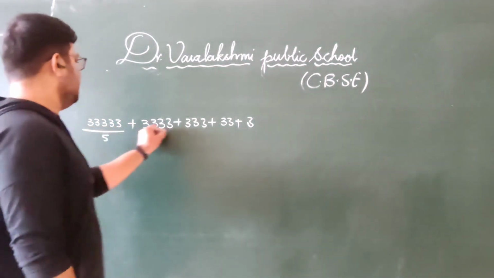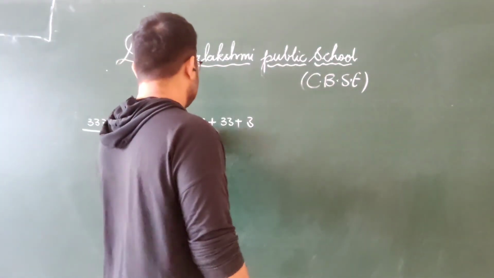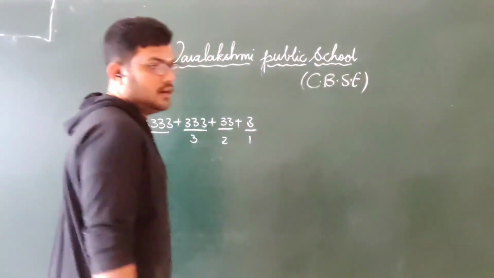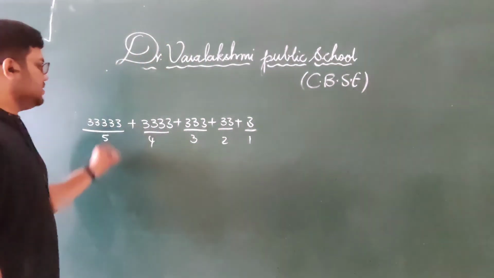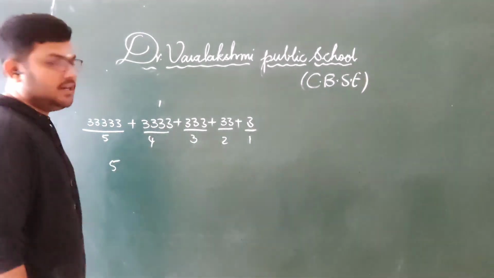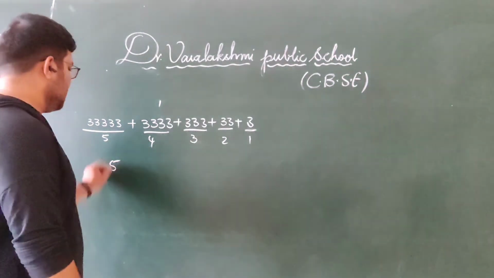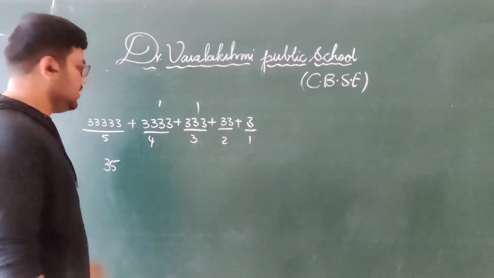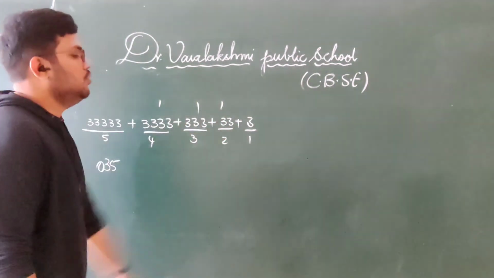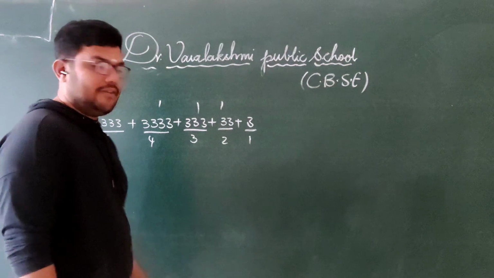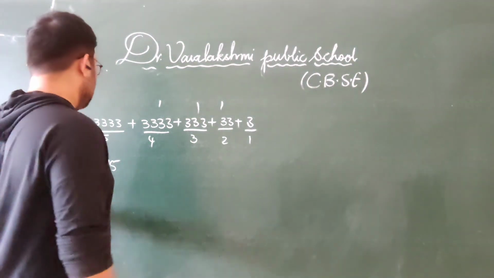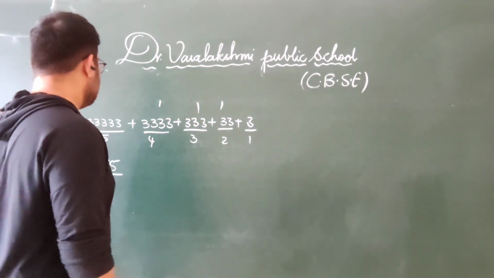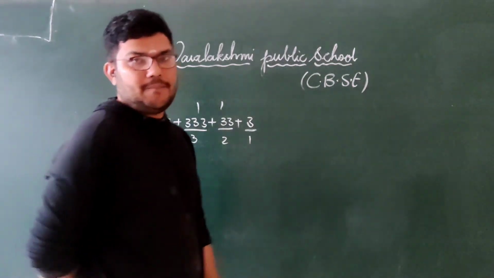So 5, 4, 3, 2, 1. So 5 times 3 is 15. 5, 1. 4 times 3 is 12. 12 plus 1 is 13. 3, 1. 3 times 3 is 9. 9 plus 1, 10. 0, 1. 2 times 3 is 6, plus 1 is 7. 3 ones are 3. So this is your answer, 37035.